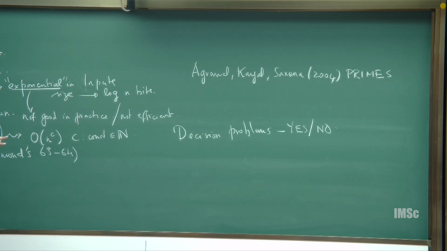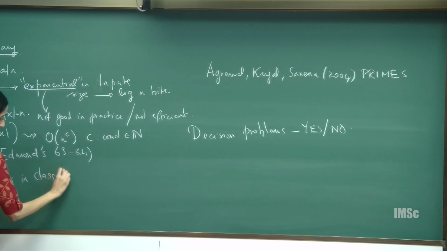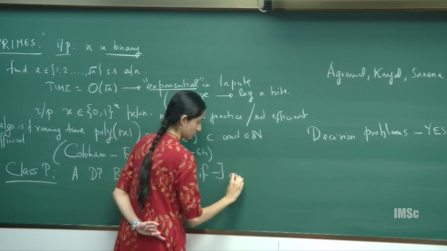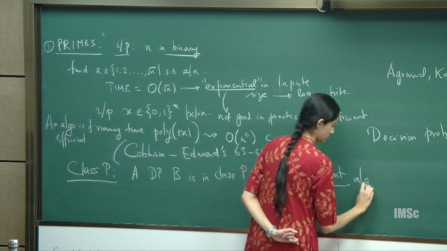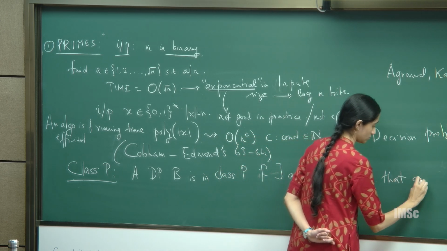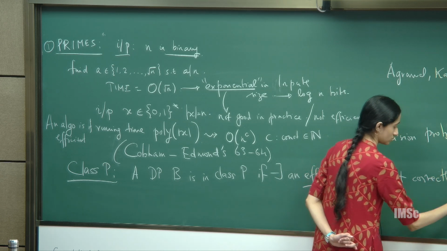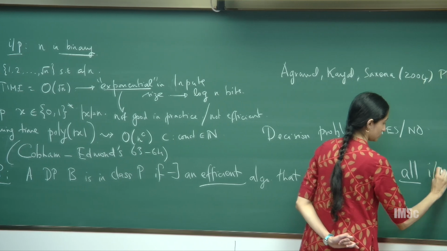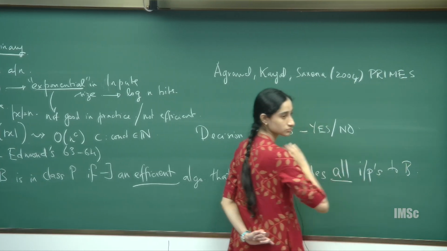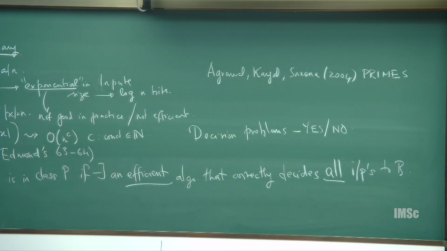So problems 1 to 4 are decision problems. You have to decide yes or no. P is a class of decision problems.